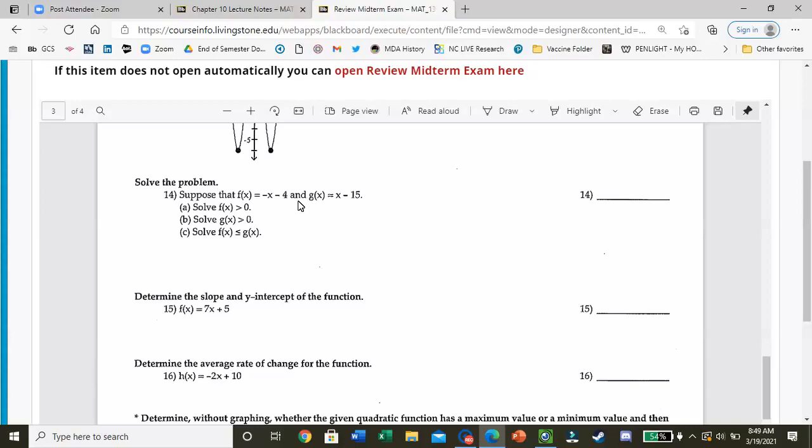So let's look at that one. You're taking the function and substituting in: f of x equals -x minus 4, and g of x equals x minus 15. And you want to solve for f of x greater than 0.